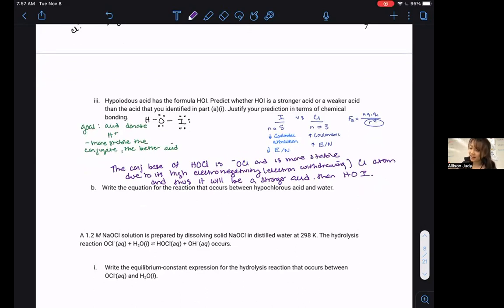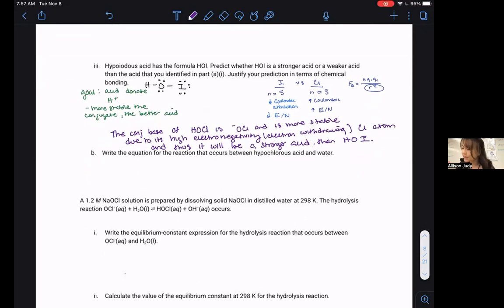So next step, write the equation for the reaction that occurs between hypochlorous acid and water. So here you're just being asked to write the reaction. They didn't specify whether they wanted the net or the full, so I'm going to write you both.